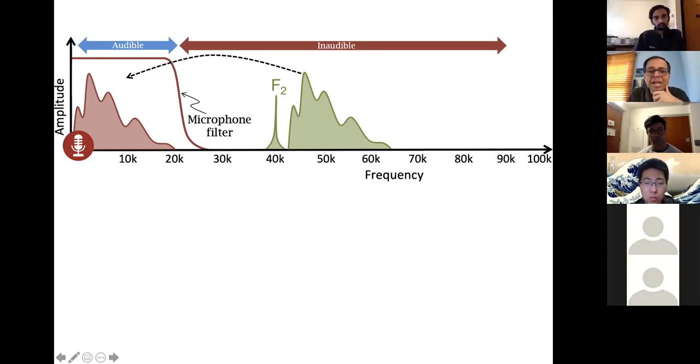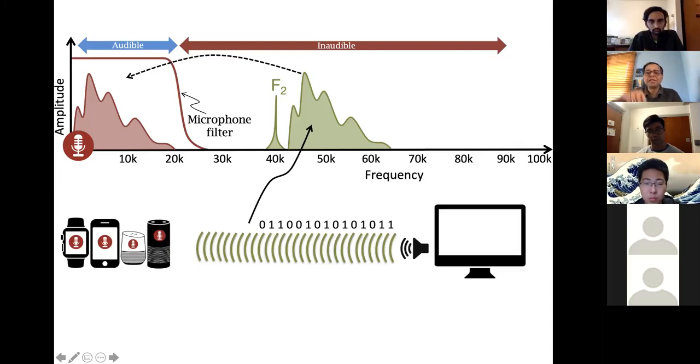So I'll also create this green voice signal over here as a red voice signal. Which means any signal that I give in that green mountain, I can make audible as long as there is this other f2 signal, which is like a helper signal, which helps me shift all the frequencies in the green mountain.